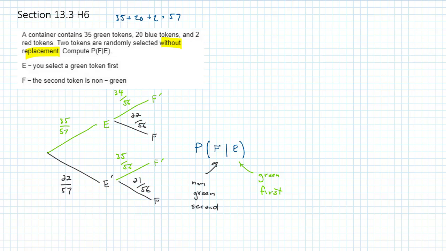So I need to locate that here along these branches. So when it says given E, that means I must be along the upper branch. So that would be the branch right here.